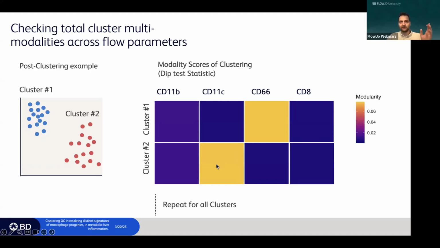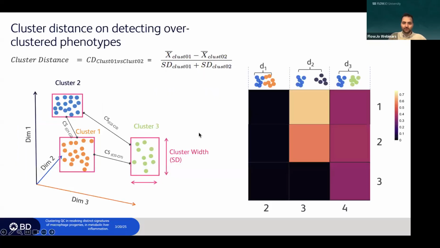It gives you an indicator that this cluster is bimodal based on that parameter, and hence you can decide whether to split this cluster into two separate populations.